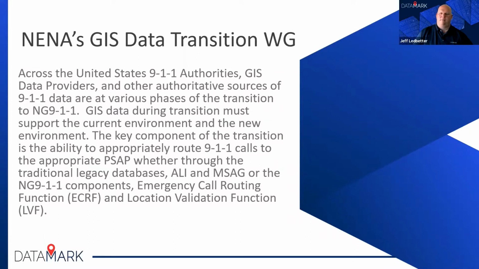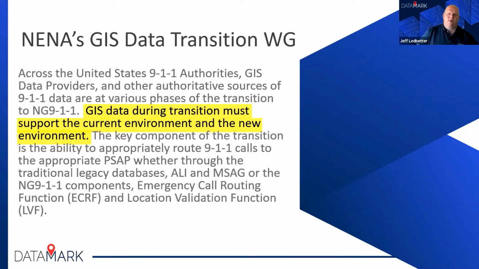Just a little bit of thought about the fact that in the United States, 911 authorities, GIS data providers, and other authoritative sources of 911 data are at various phases of transition. This transition is really about GIS data that will need to meet current requirements, E911 requirements, and Next Generation 911 requirements.